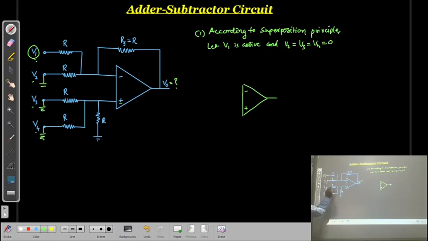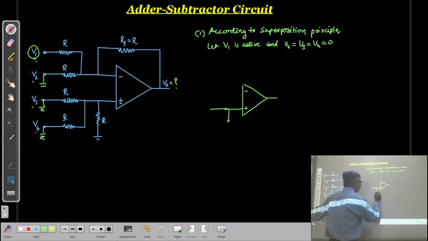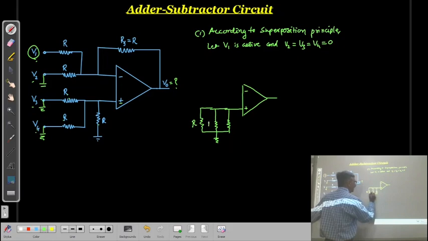Now in this case, V3 and V4 are connected to the ground. It means these resistances R and R are in parallel, so all three resistances will be in parallel like this, and connected to the ground. This is also R, R and R. Then V2 is also connected to the ground.